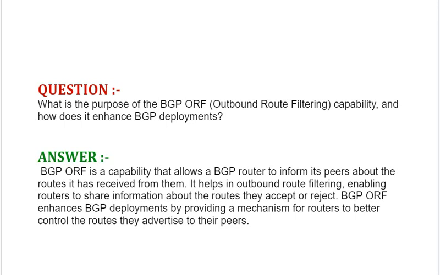It helps in outbound route filtering, enabling routers to share information about the routes they accept or reject. BGP ORF enhances BGP deployments by providing a mechanism for routers to better control the routes they advertise to their peers.